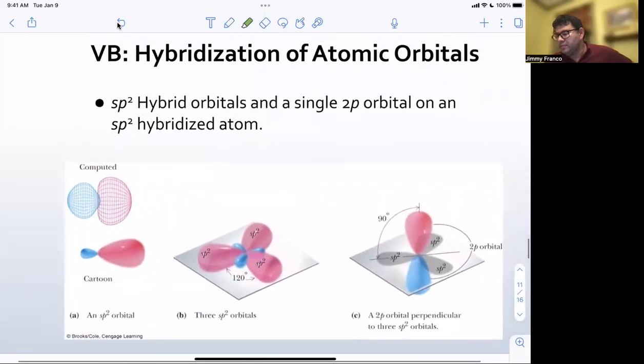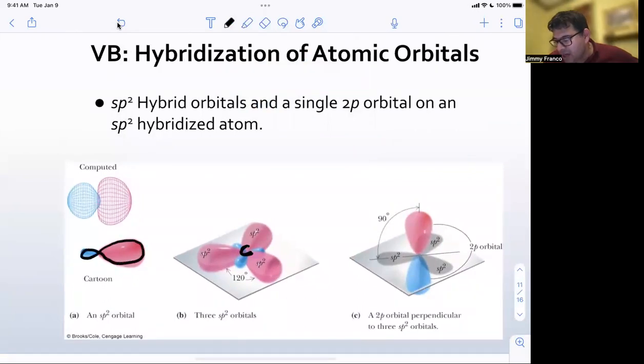Same thing. Our atom's going to be in the center. So if this was a carbon, our carbon would be right in the middle. And now you can see the orbitals. What we actually have is a little bit different shape. It's still figure 8, but that non-bonding lobe on the opposite side is actually a little bit smaller. And we're going to have 3 of them.